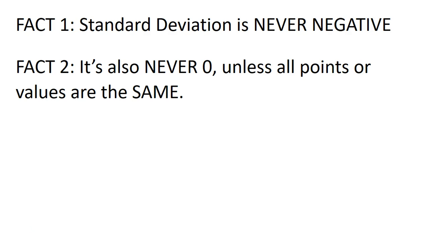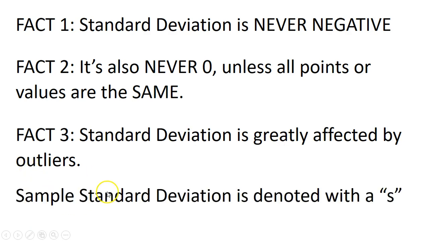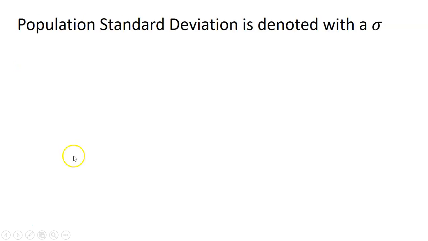Even if it's off by 1, if it was a 6 and a 7, there's no 0 in that standard deviation anymore. Standard deviation is greatly affected by outliers as well, depending on how far the outlier is. And sample standard deviation is noted with a lowercase s. Population standard deviation is denoted with the sigma sign.